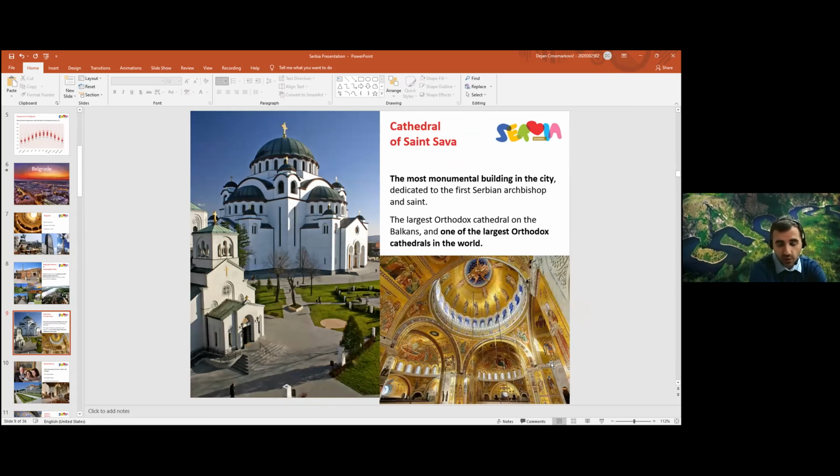As I said, we are Orthodox Christians in majority. So our first Archbishop is called Saint Sava, in the 12th century, and we built this large cathedral temple dedicated to him. It's actually one of the largest Orthodox cathedrals in the world.